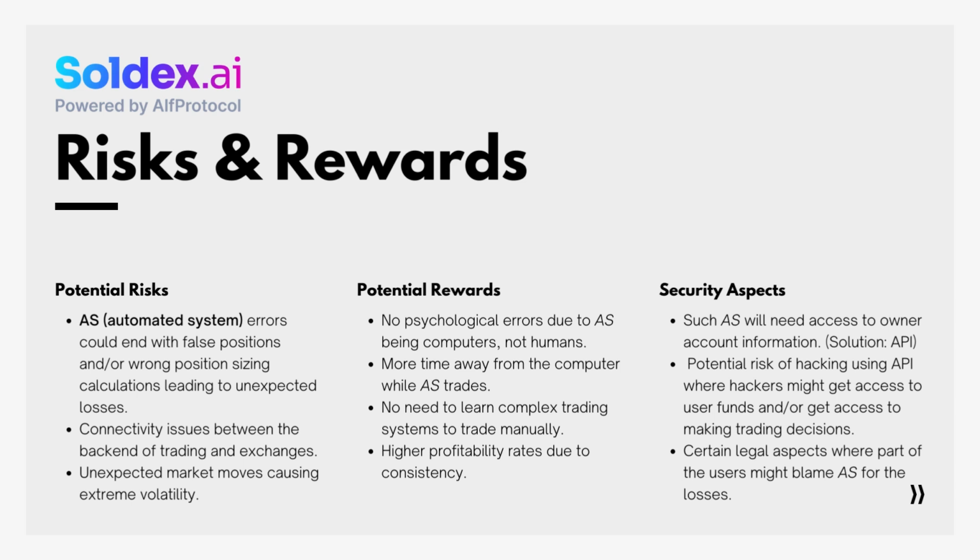Also, there is no need to learn complex trading systems to trade manually because, let's be honest, trading financial markets is a very complex thing to master, especially the psychological part. If you want to manually trade financial markets, you will have to learn a lot of things. There are a lot of variables involved.